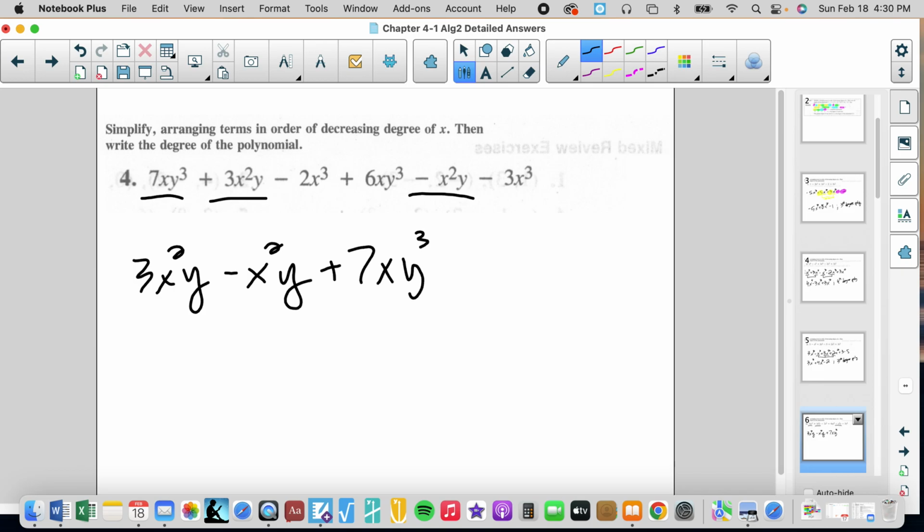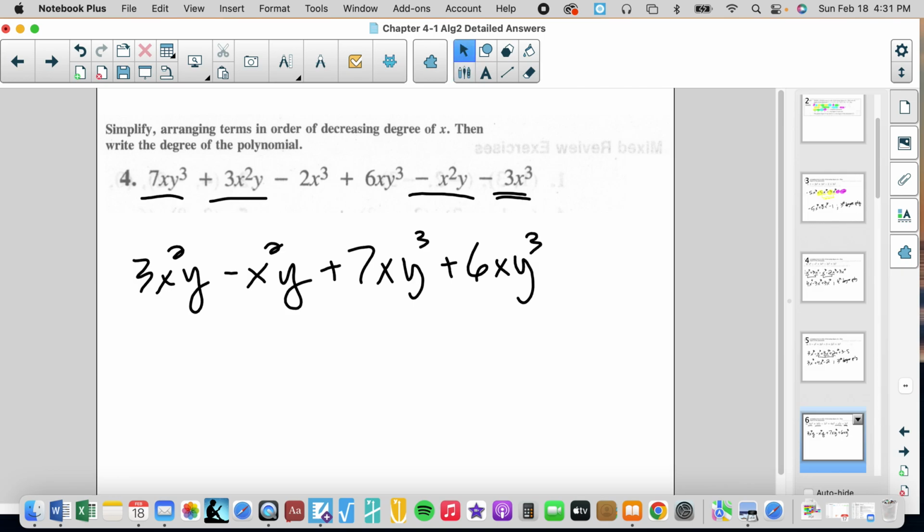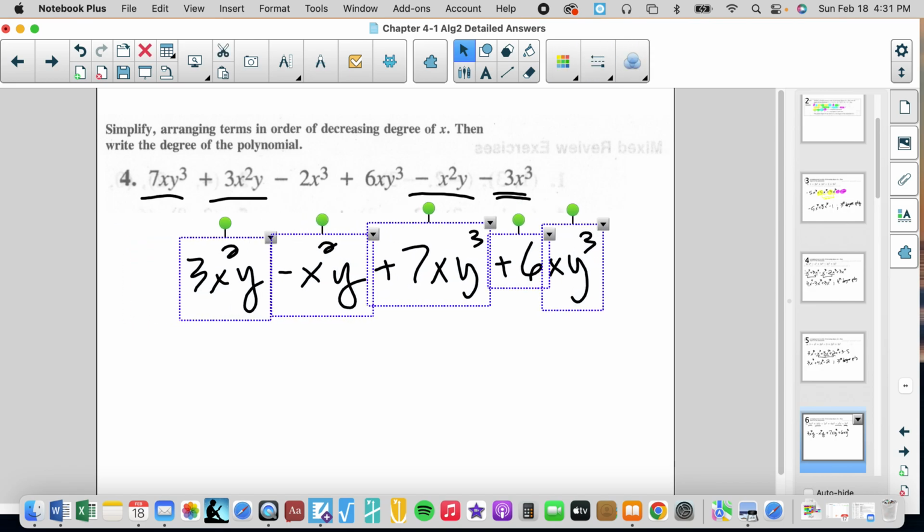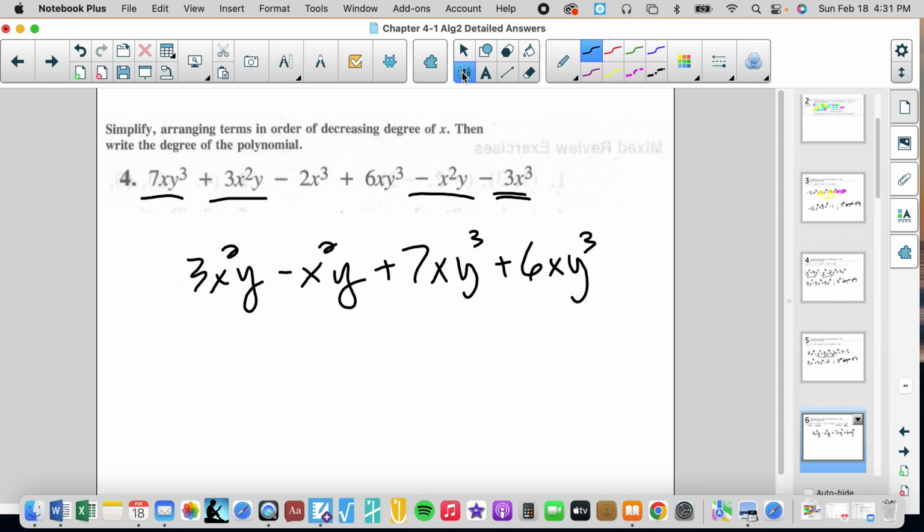Now, I wrote this, even though this is a bigger degree monomial, this is x to the first, so it'll always come after x to the second. And then we have plus, oh, sorry, I messed up. I see that I should have had this, but we can fix that. We can move everything. That term definitely comes first. Negative 3x to the third plus all that stuff.